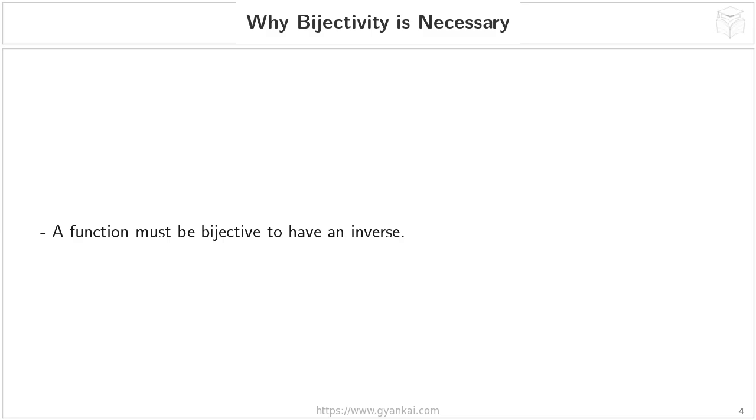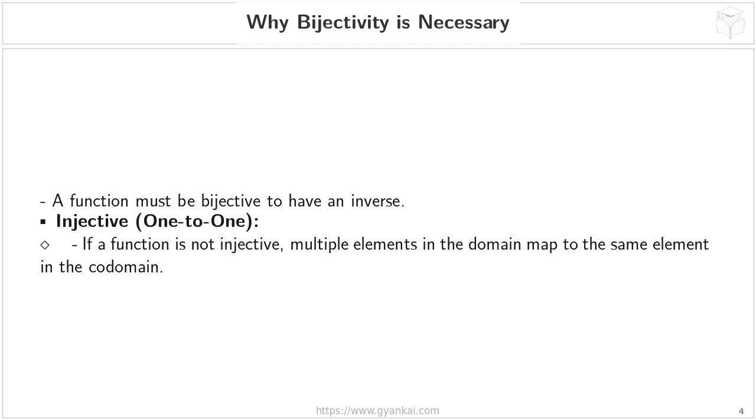Let's break down why, starting with injectivity, also known as being one-to-one. If a function is not injective, that means that multiple different elements in its domain, that's the set of all possible inputs, can map to the same single element in its codomain, which is the set of all possible outputs. Imagine several arrows all pointing to the same destination.